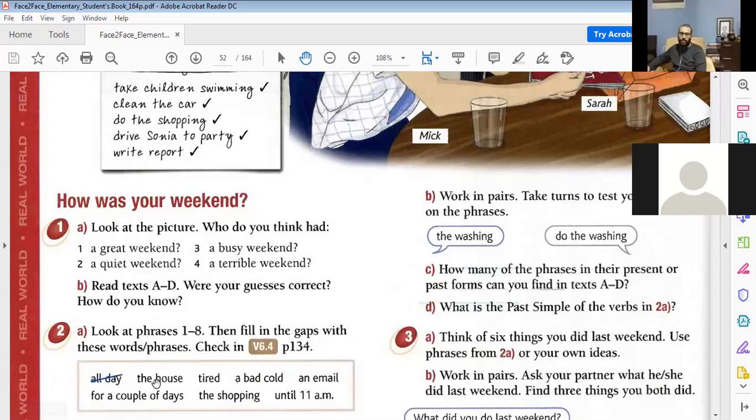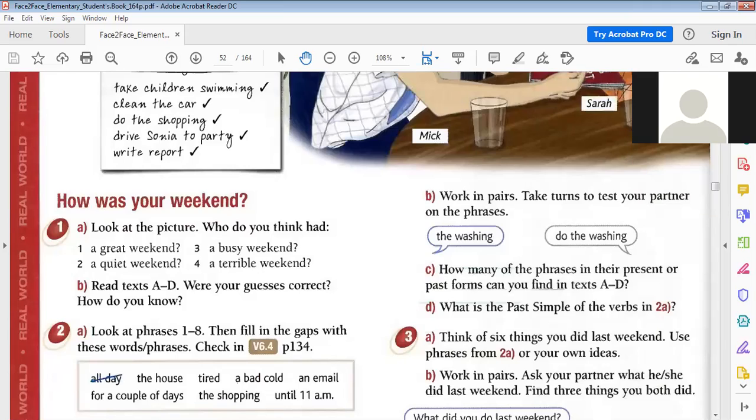The house. Clean. Okay. Tired. Be tired, correct. All day. Work all day, correct. A bad cold.